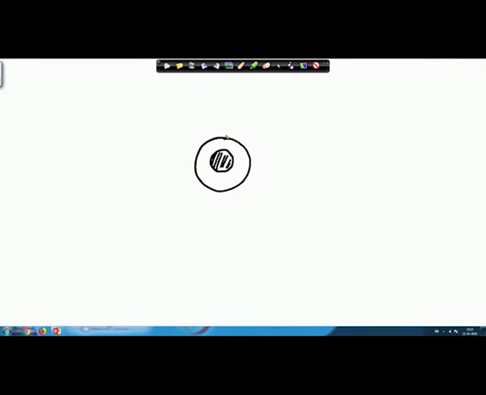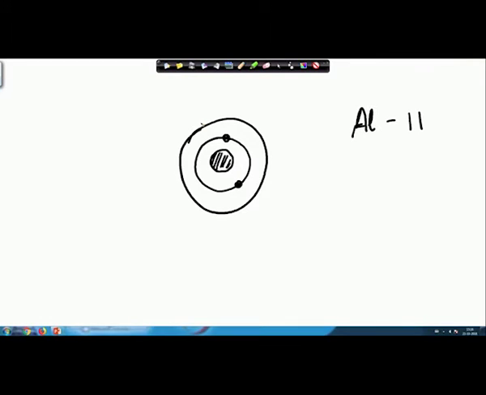How many electrons does aluminum have overall? Aluminum overall has 11. The first shell, the inner shell, called the K shell, will have 2 of those. Let us draw that. The next one is the L shell. Oh, sorry, it is the L shell.